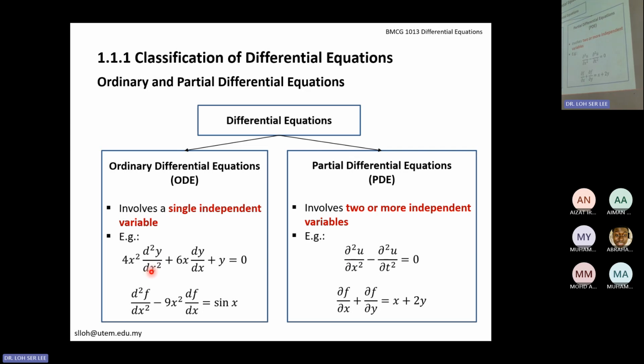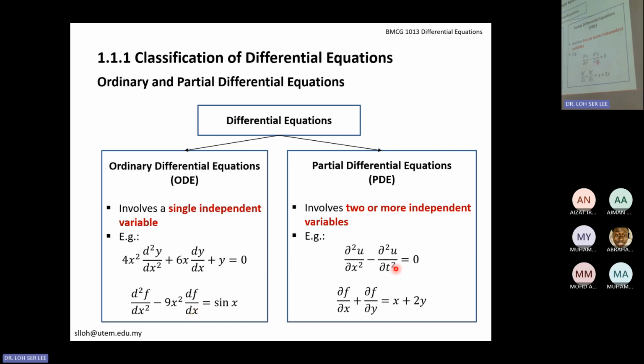This is x. We have only x at the bottom, so this is a single independent variable. This is also a single independent variable. We have only x, no matter if it is x squared or x cubed. As long as it is x, that is a single independent variable.